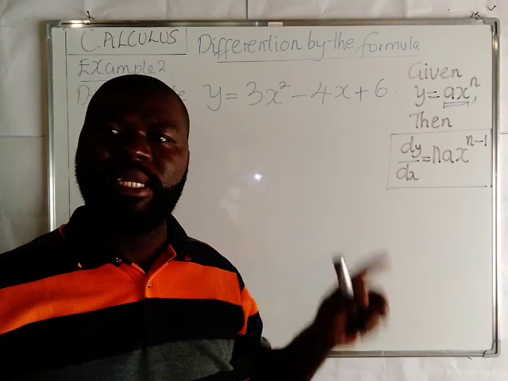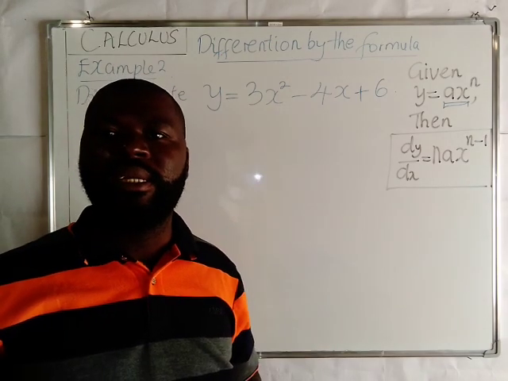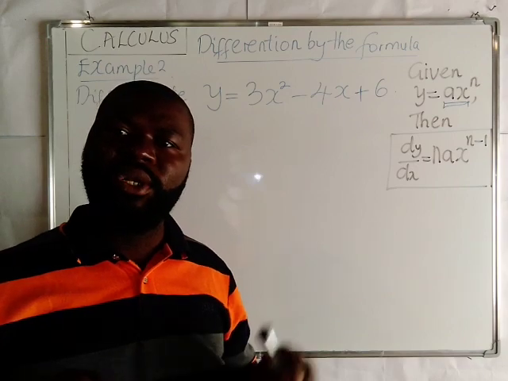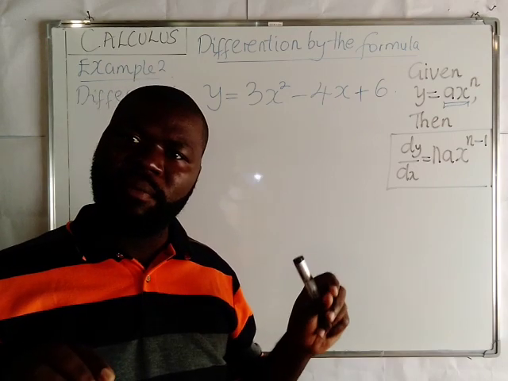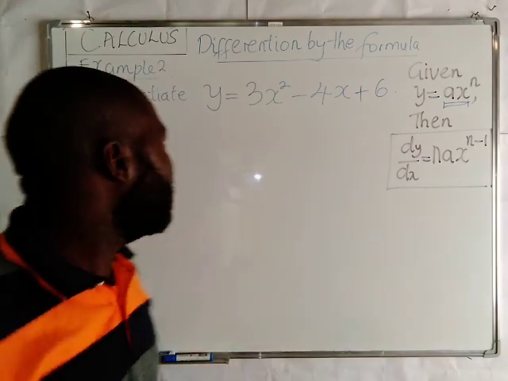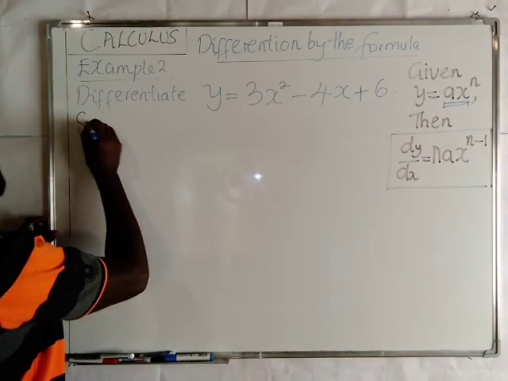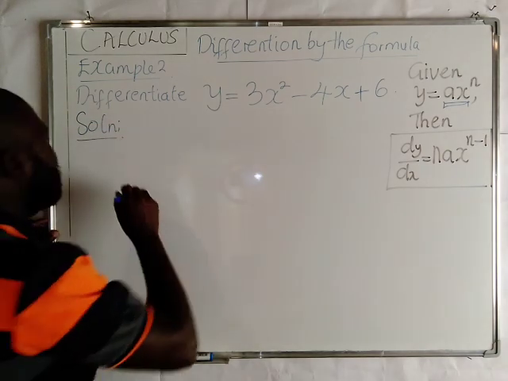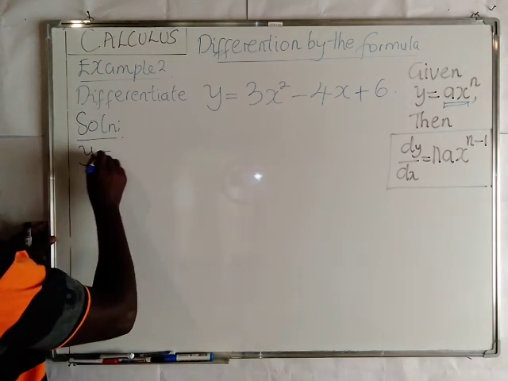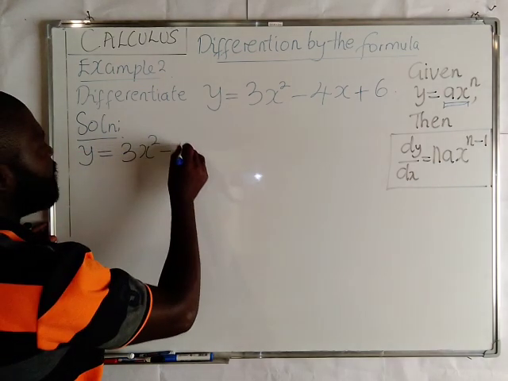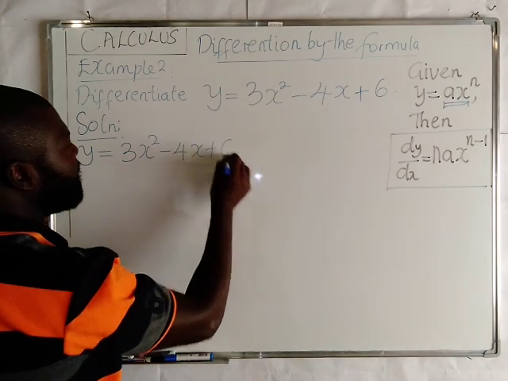Because in our question there are 3 terms, we are going to apply the formula on each one of the 3 terms. So let's apply the formula. Solution: y is equal to 3x squared minus 4x plus 6.